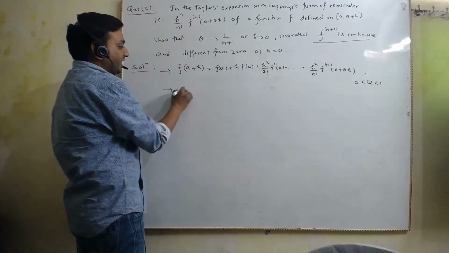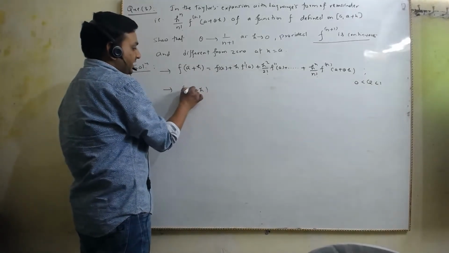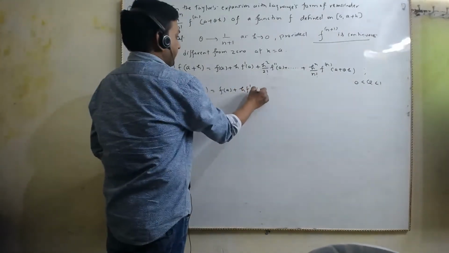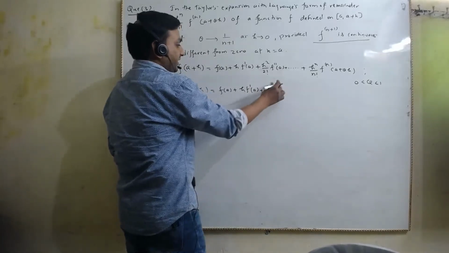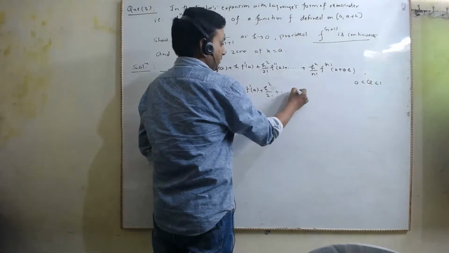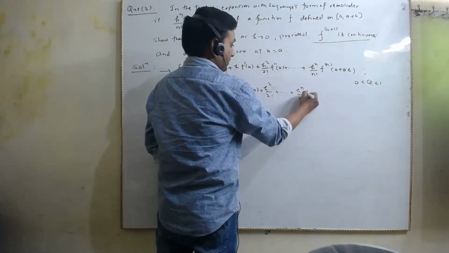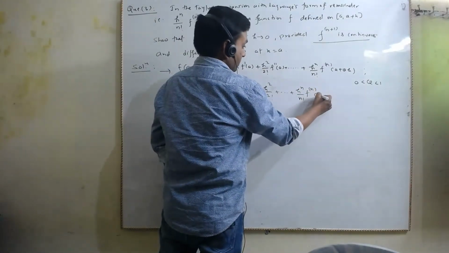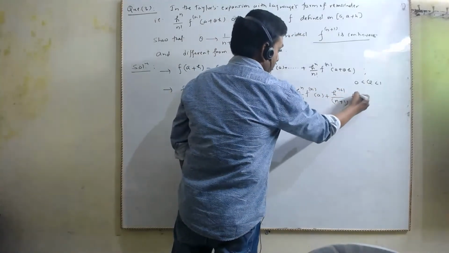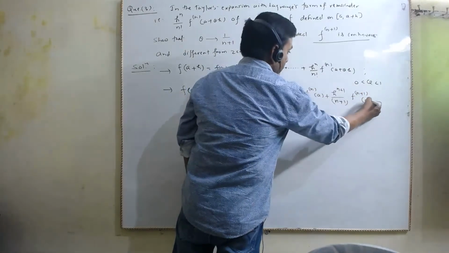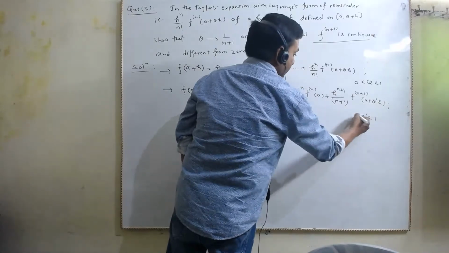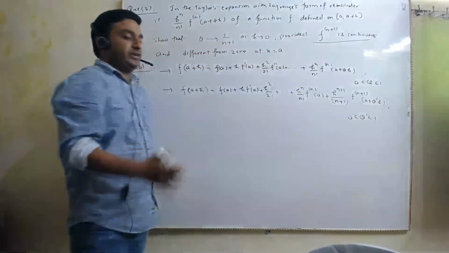One more expression I am writing of the f of a plus h itself. That can be written as, watch this carefully, where theta dash is another notation, just a notation.